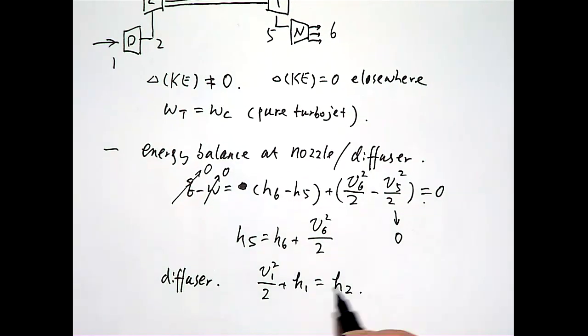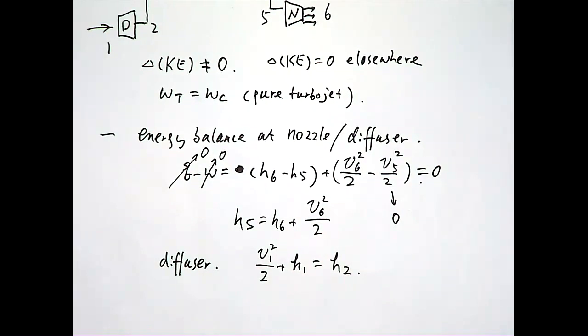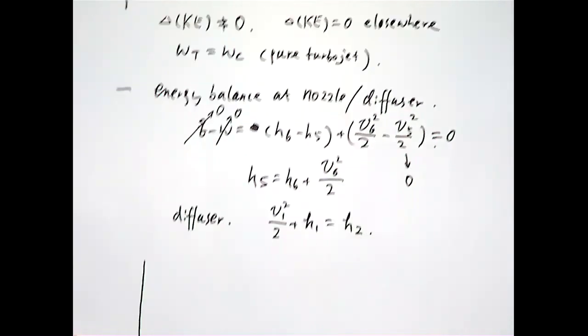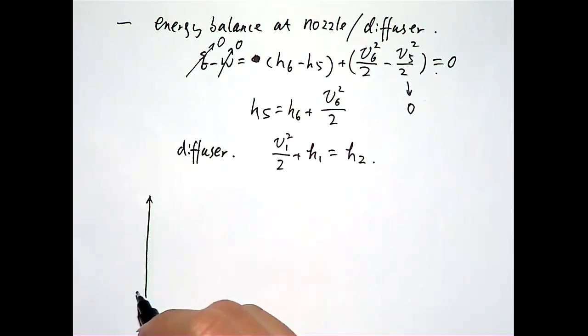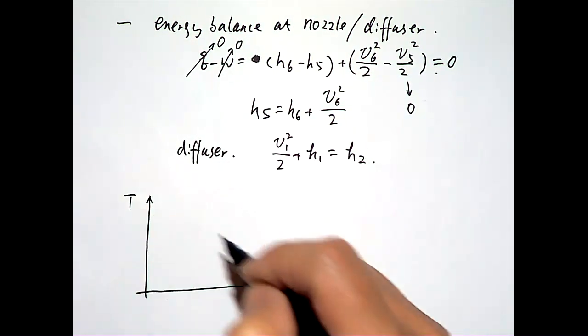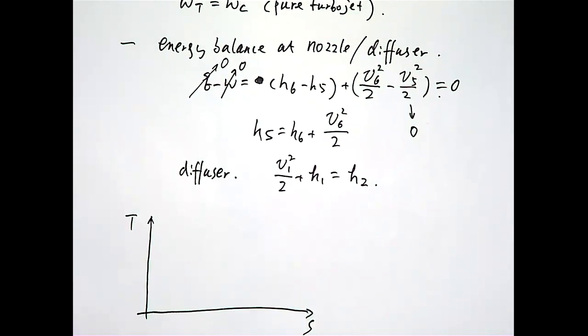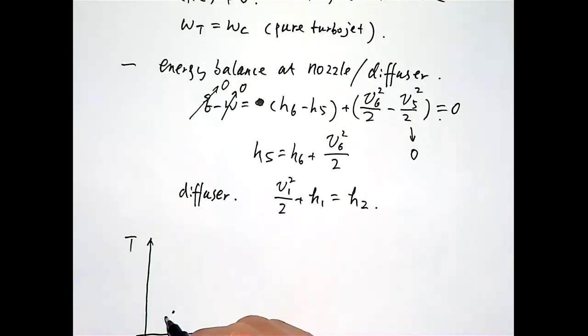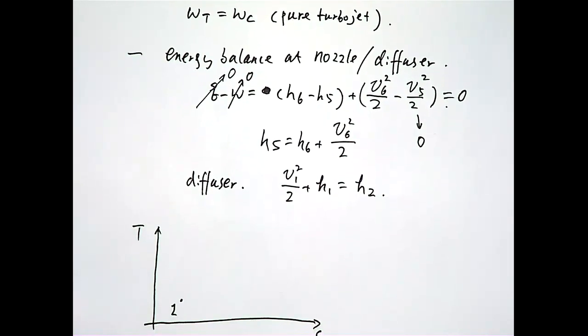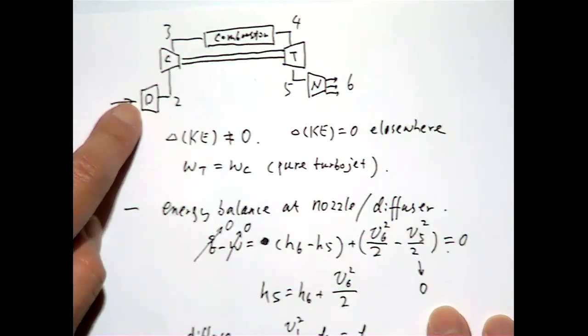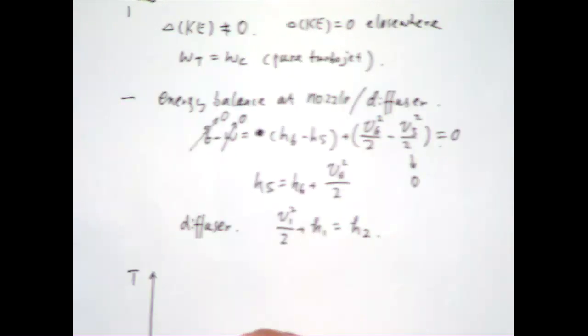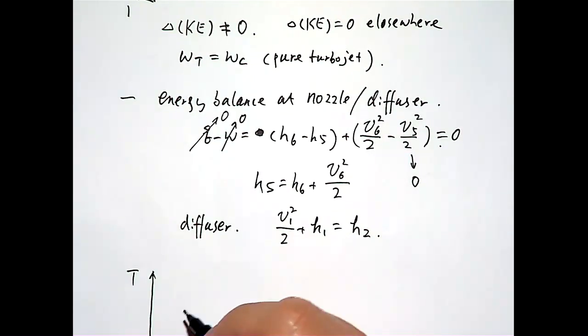All right, so with these two, we can draw the TS diagram. Starting from the entrance, which is state 1, going through the diffuser is an isentropic process, even though kinetic energy is being converted to enthalpy here.